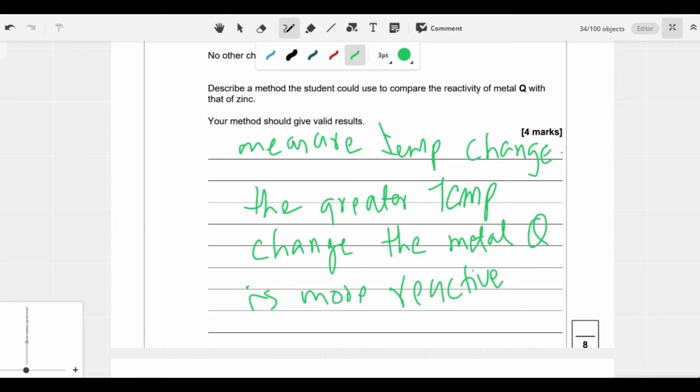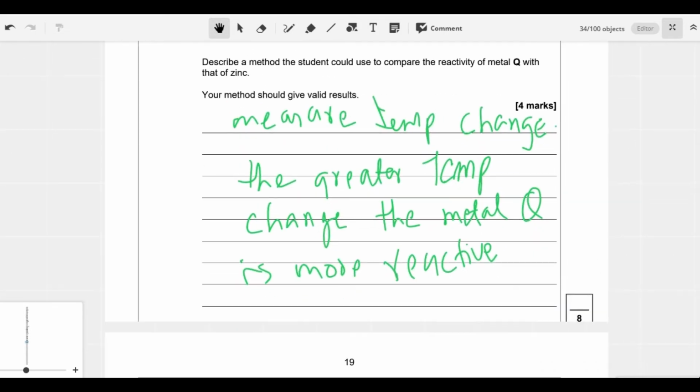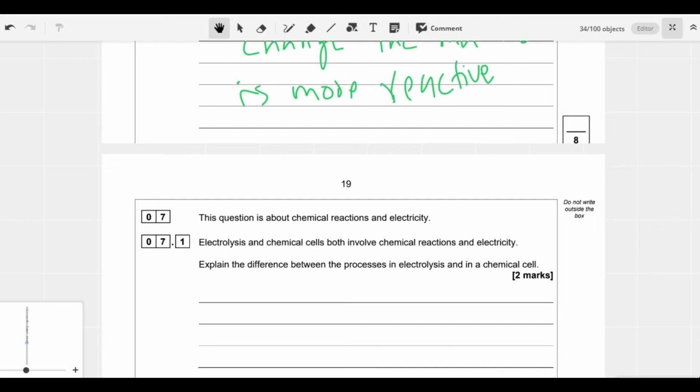Okay. So again I'm going to repeat: when each metal is added to the silver nitrate solution that has the same concentration and volume, you have to measure the temperature change for each metal, and the indication is that the greater the temperature change, the more reactive metal Q is. Okay.